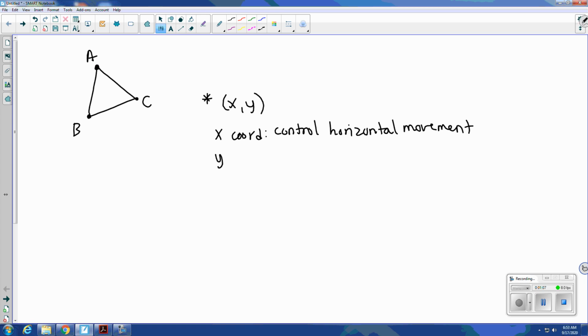The Y coordinate will control vertical movement, since that Y axis runs vertically. Understanding that idea, you've already won half the battle with transformations. Okay, so now let's go into each type.